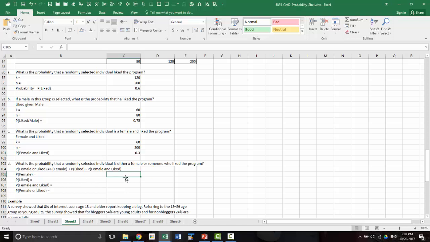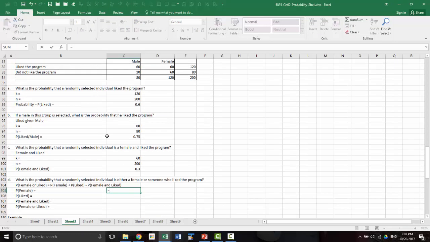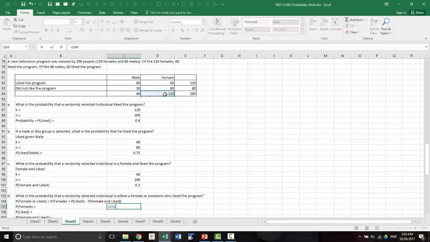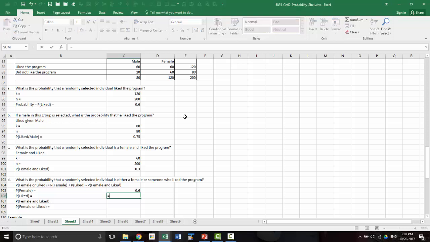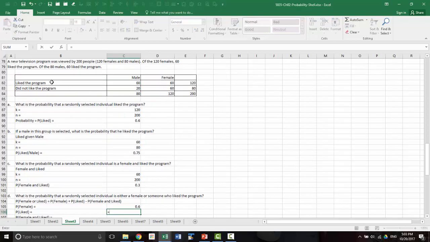So probability of female, do we have female here? So probability of female is that divided by that. So that is the probability of female. Probability of liked is that divided by that.